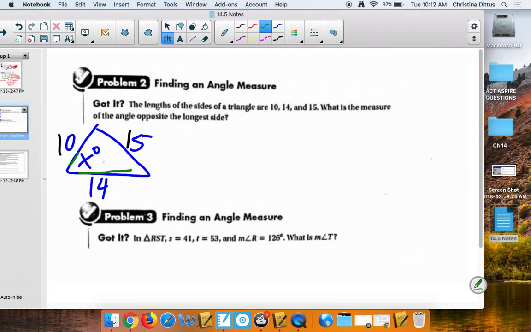Yeah. And then I have the side across from it. So our setup's just going to look a little bit different, since we're looking for an angle. In our last one, the side that goes out by itself is the one across from our angle. So we're going to have out by itself 15 squared. See if you can fill in the rest.